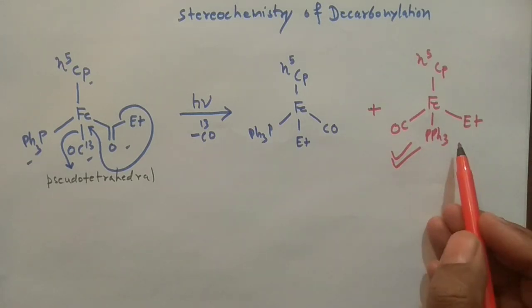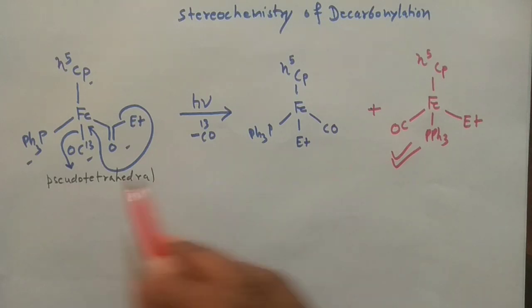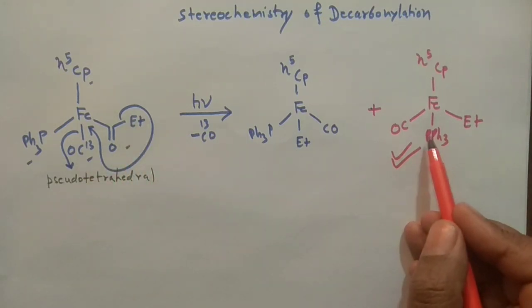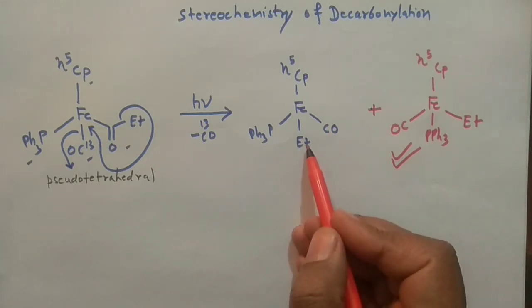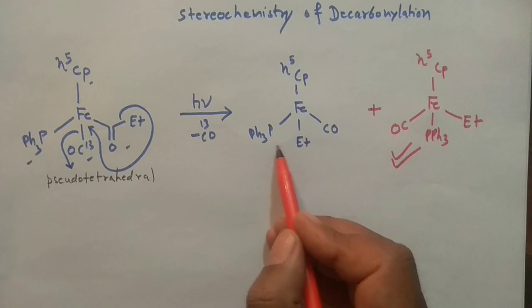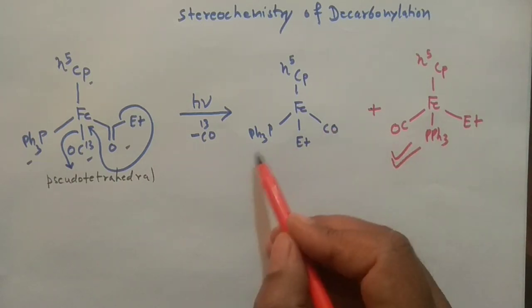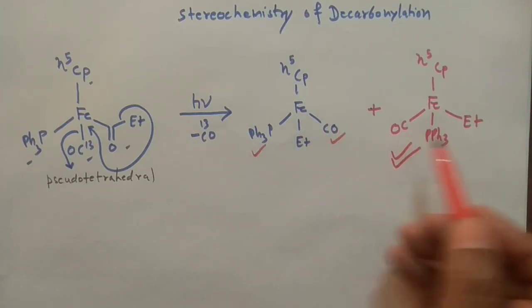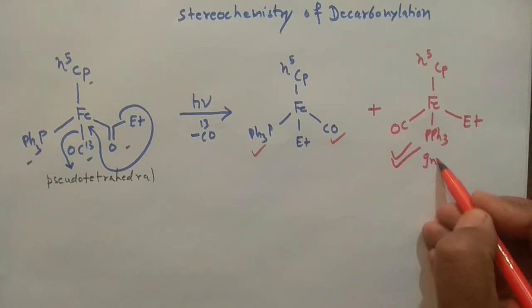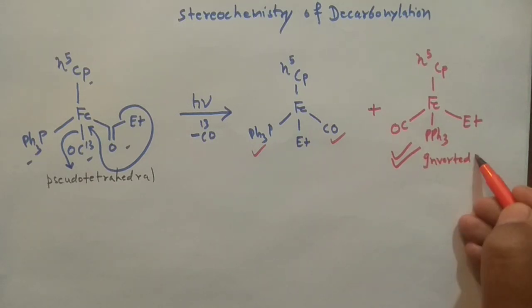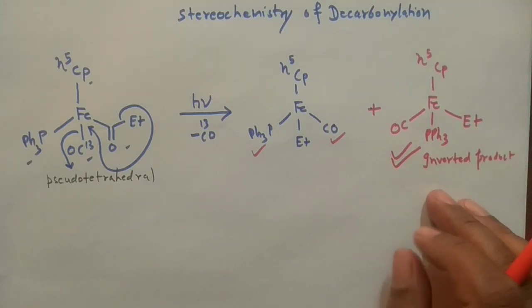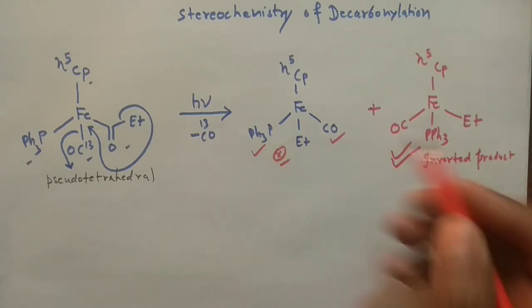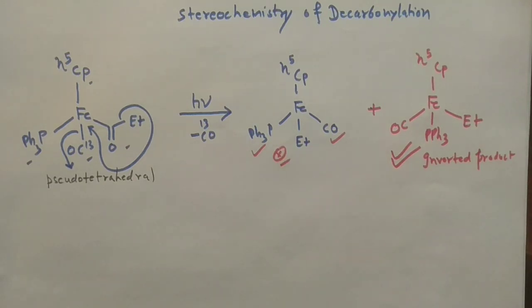You can see here, I should have the other kind of product due to this migration, but the configuration is inverted now, because this ethyl is taking this particular place, and the carbonyl and this group are exchanging positions. So this is the inverted product which we generally get in the reaction, not the other one. So this is your inversion of configuration during the decarbonylation reaction.